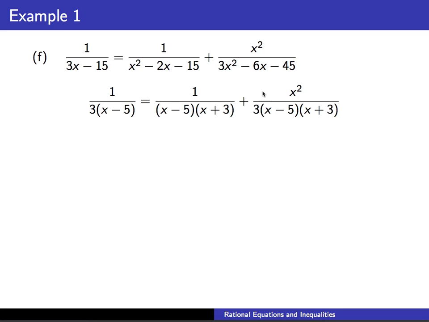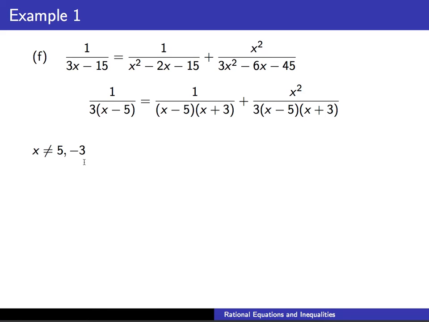And then the x squared over 3x squared minus 6x minus 45, we can actually factor a 3 out of this denominator. We'll get x squared over 3 times x minus 5 times x plus 3. So looking at our denominators, we have x minus 5 and x plus 3. We don't want either of those to equal 0, so we don't want x to equal 5, nor do we want x to equal negative 3.